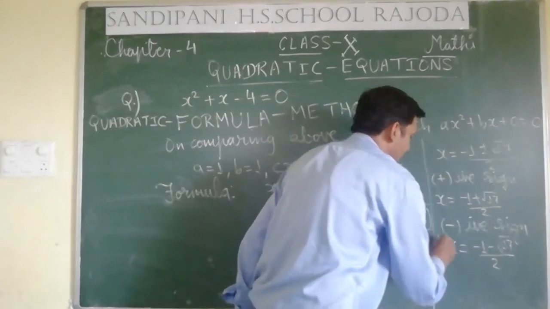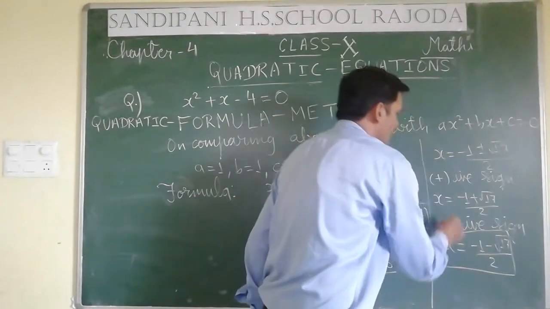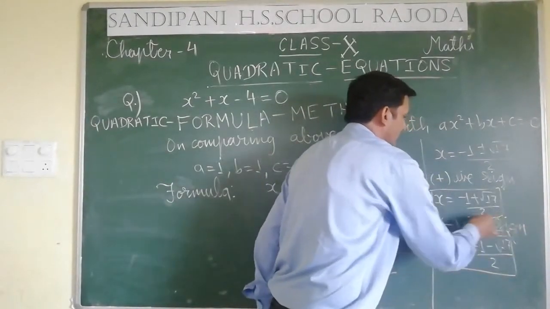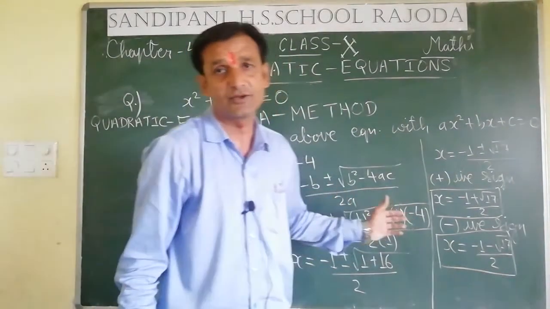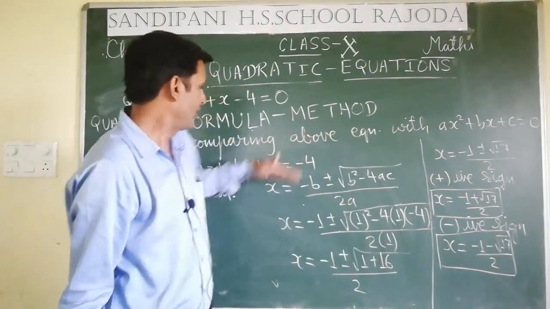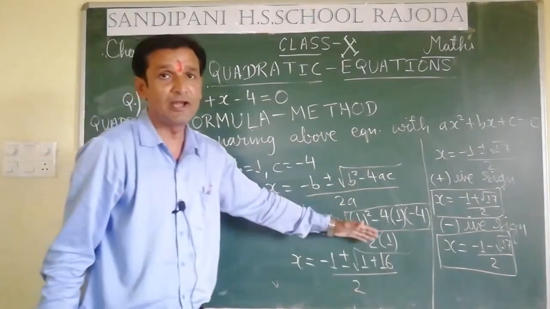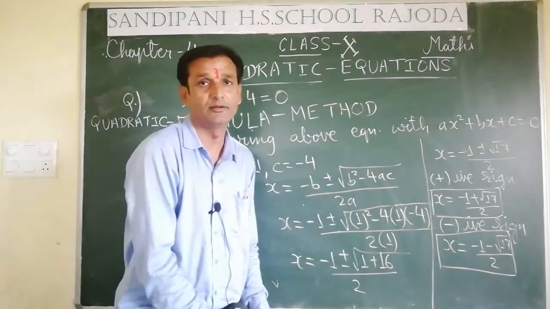So these are the values which we got according to this question by the formula method. In this manner we have to apply the formula and put the values of a, b, c in that formula.